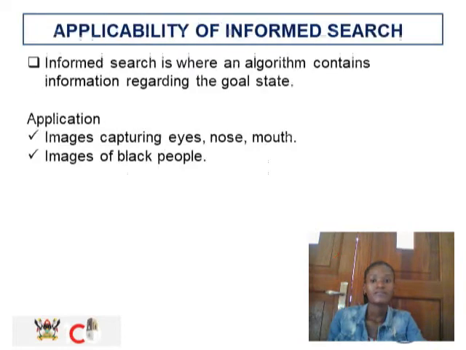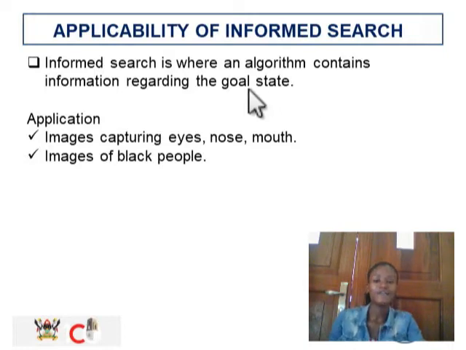So let's look at the applicability of informed search. First and foremost, what's informed search? We say informed search is where an algorithm contains information regarding the goal set. Basically here we have greedy search.